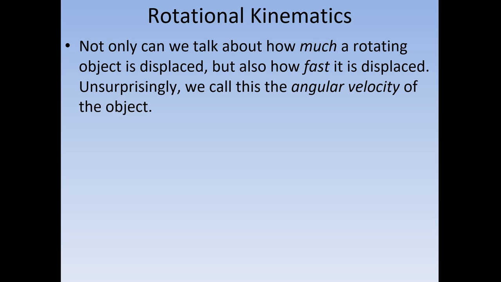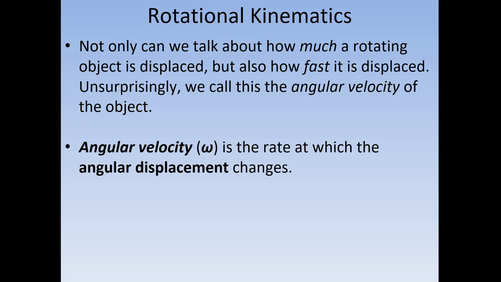Notice how the definitions are identical, just with the term angular thrown in there. So if we just take our definition for velocity, write the word angular in front of velocity and displacement, we get the rotational definition. The symbol that we're going to use for angular velocity is an omega symbol. It kind of looks like a really scripted W, but it is an omega symbol. It's a Greek symbol. And angular velocity, as I said, is defined as the rate at which angular displacement changes.